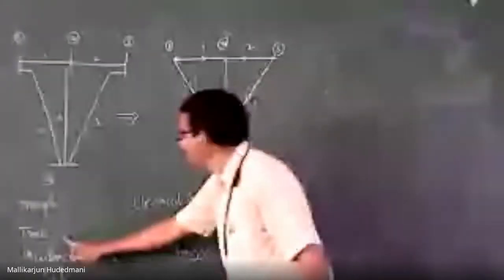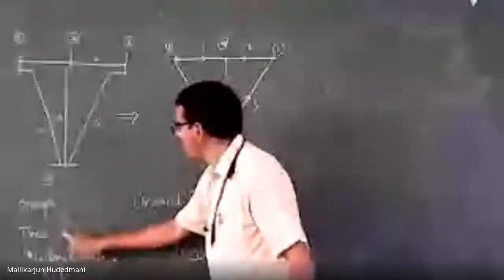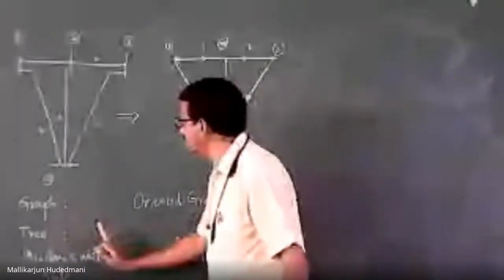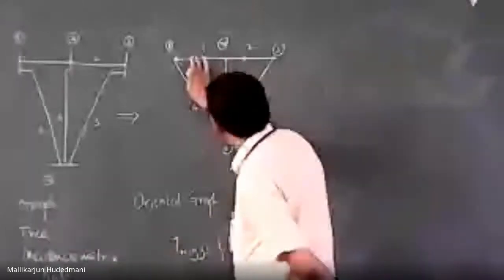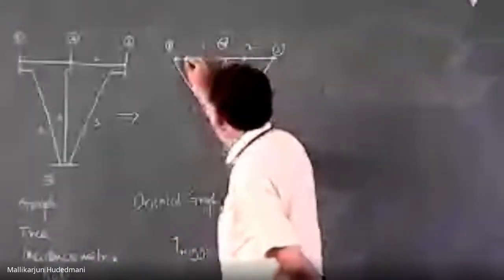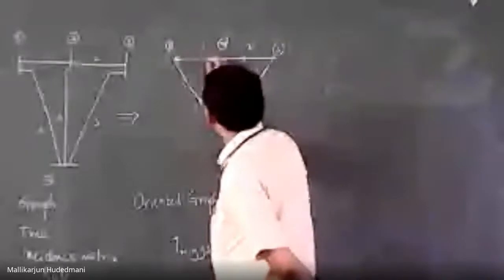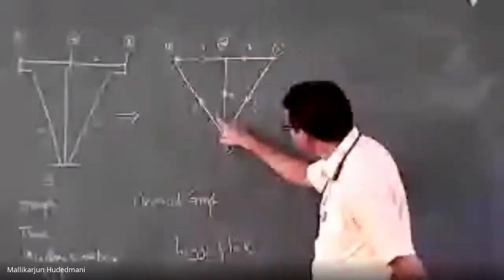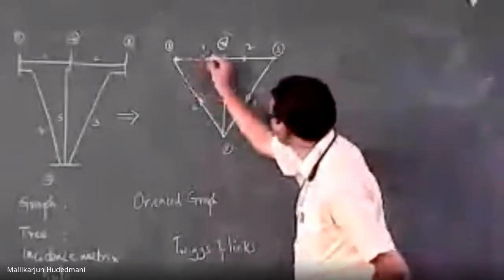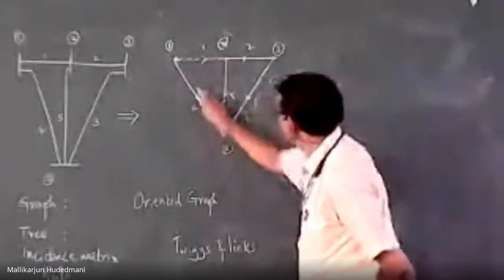What is a tree? Tree is a graph or a subgraph in which no closed path exists. Suppose you just imagine this line I delete by a dotted line. Can you expect a closed path over here? If this is broken, there is no closed path.